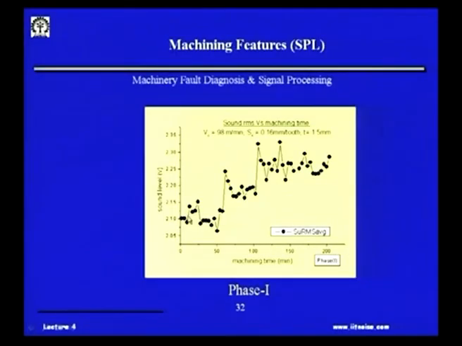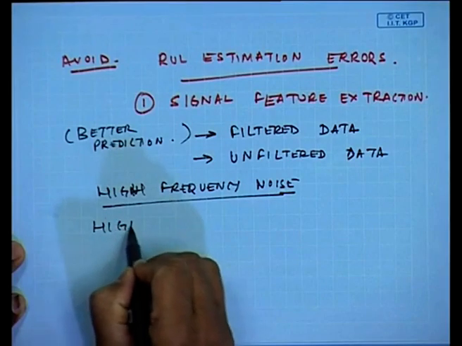There are wide variations in the sound level with machining time, and there is not a strong correlation between the measured sound level, of course in a voltage level given here, and the machining time. And such a feature was actually not used, because as you know, sound gets easily contaminated from the background noise because of the high presence of background noise.